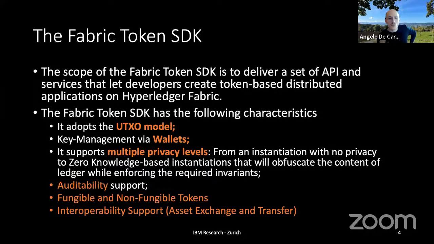Let me go again. Ellie gave already a heads up on the main highlights of the token SDK. Let me go again through them and give some also motivations on some of these points. So we decided to go for the UTXO model for a very good reason. The UTXO model is the one that gives you the maximum privacy possible.